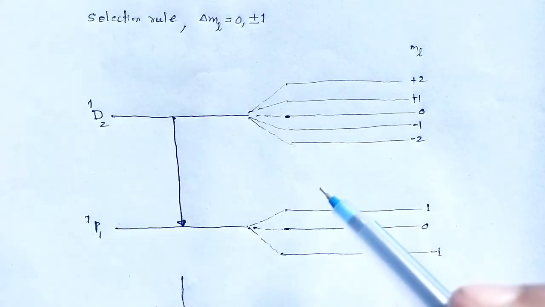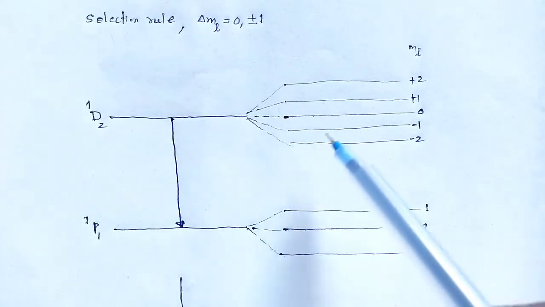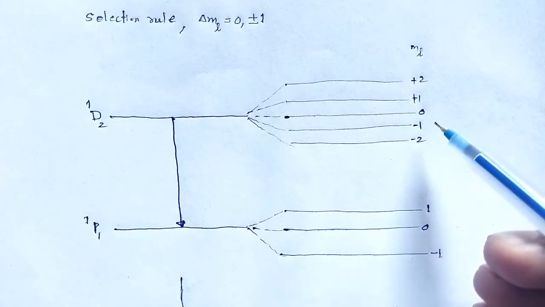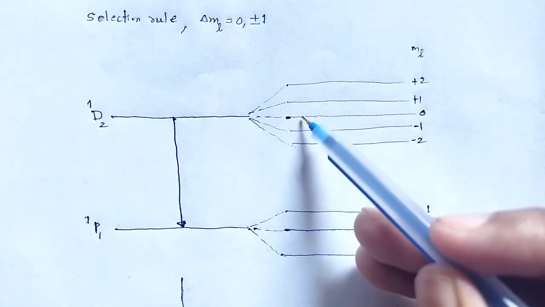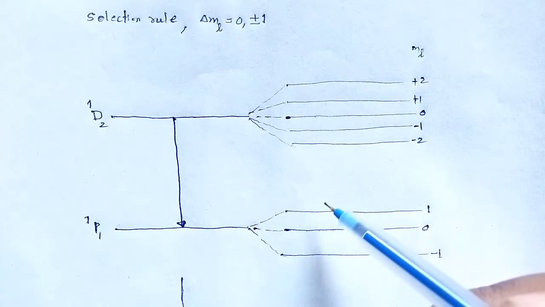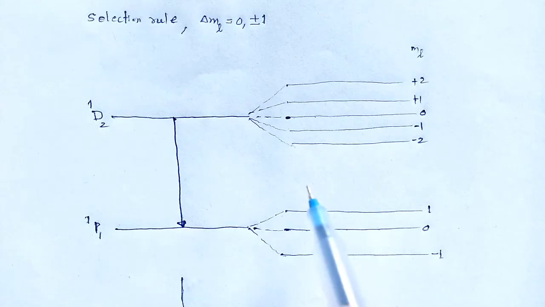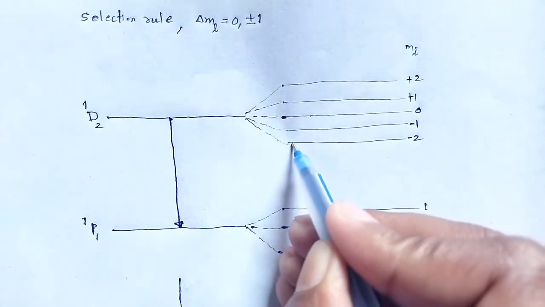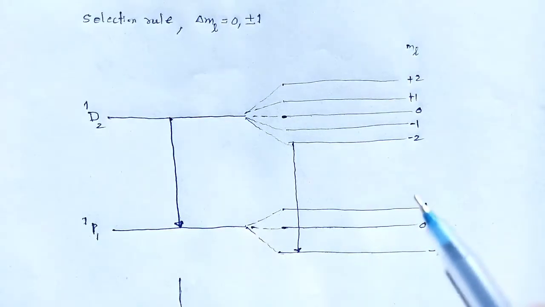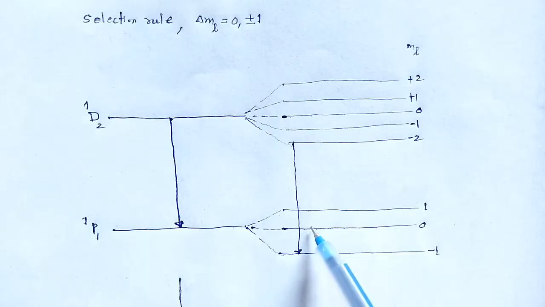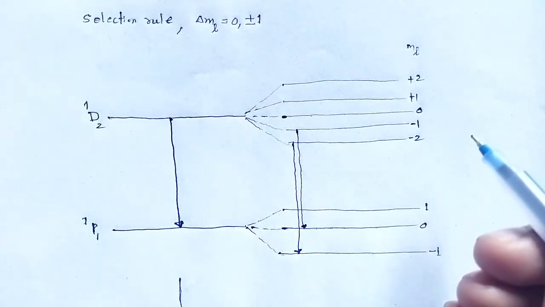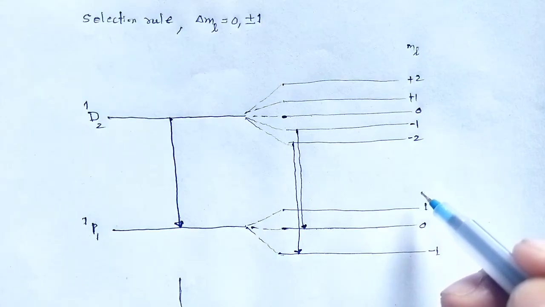What should the transitions be? When ml goes from 0 to 1, it will be -1; -2 to -1, there will be -1; then -1 to 0, it will be -1.